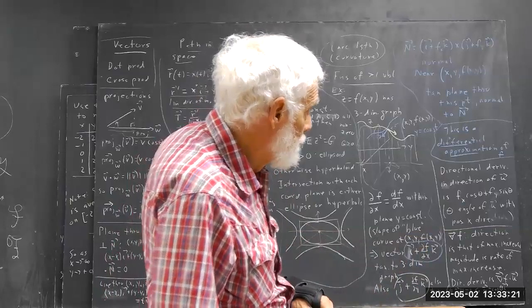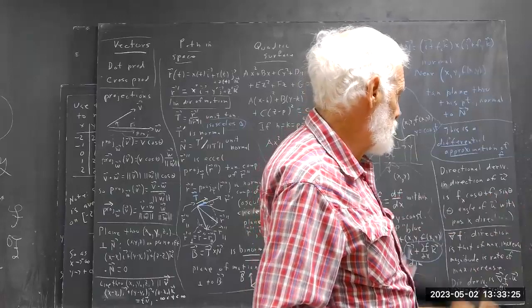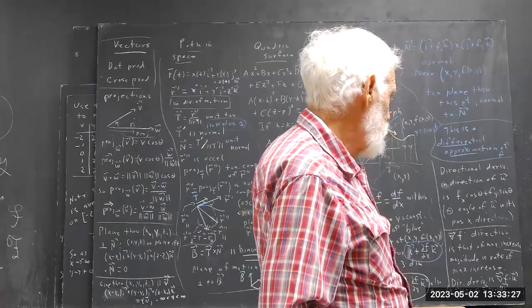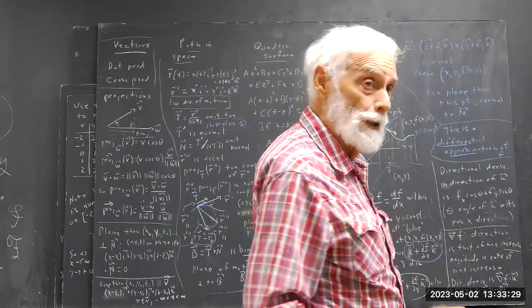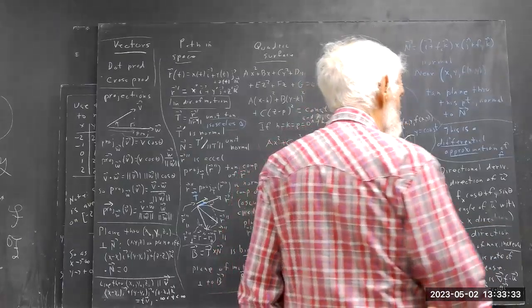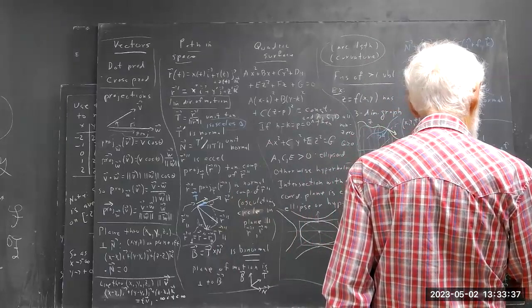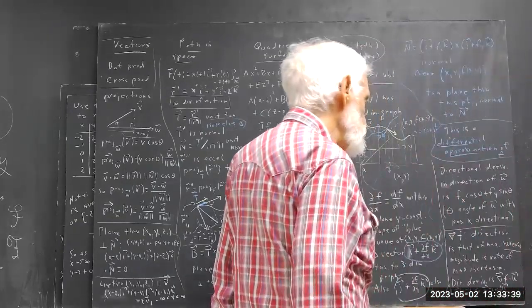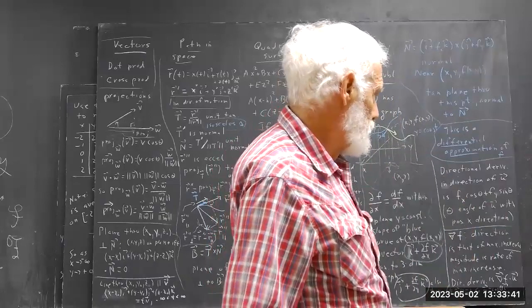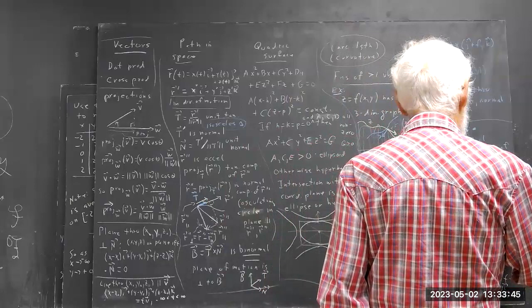Right. It turns out that that's just fx cosine theta plus fy sine theta, where theta is the angle of u with the positive x direction. I really want to understand why that's the case.